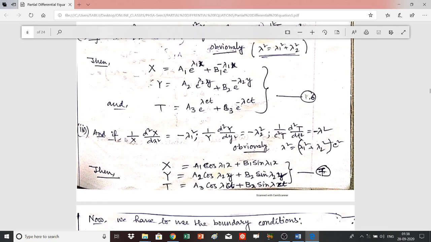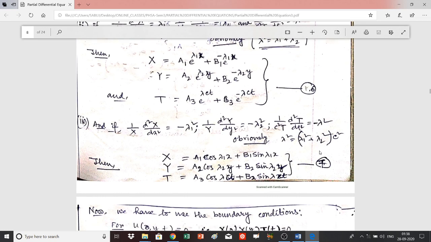And another case is there, if we consider that (1/X) d²X/dx² is equal to -λ1², and this term is equal to -λ2², then this term, that is (1/c²T) d²T/dt², should also be equal to -λ², and from here we can easily write λ² equals λ1² plus λ2².